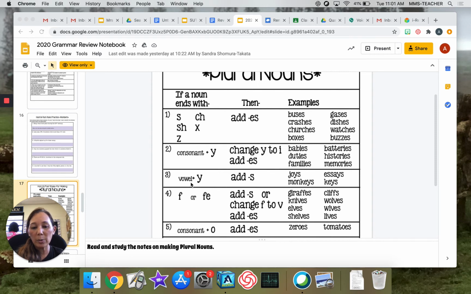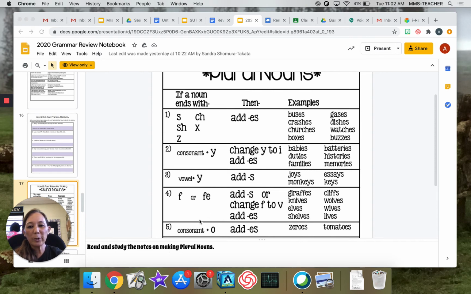It's an O. Okay, so it says if there's a vowel plus a Y, which this is, an O and a Y, all you do to make it a plural noun is to add an S. Joys, J-O-Y-S. Here's another example. Essays. It ends with a Y, and the letter that precedes the Y is a vowel. It's an A. And so all we do to make it a plural noun is add an S. Essays.